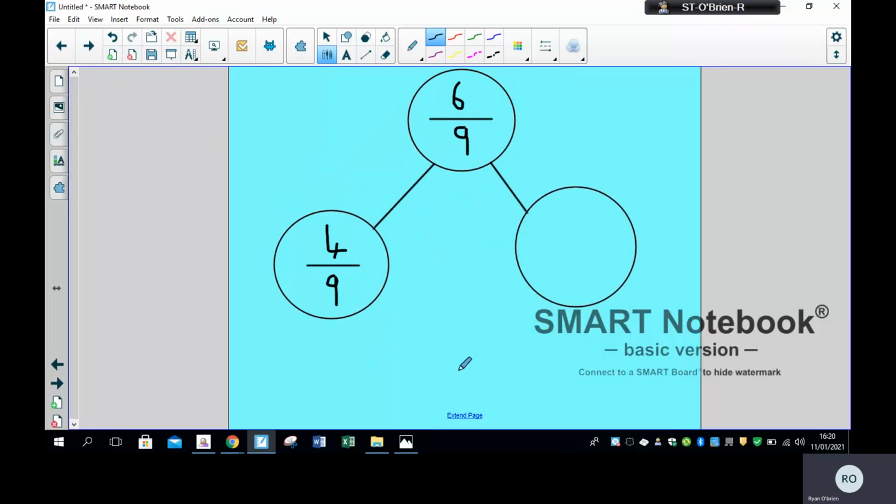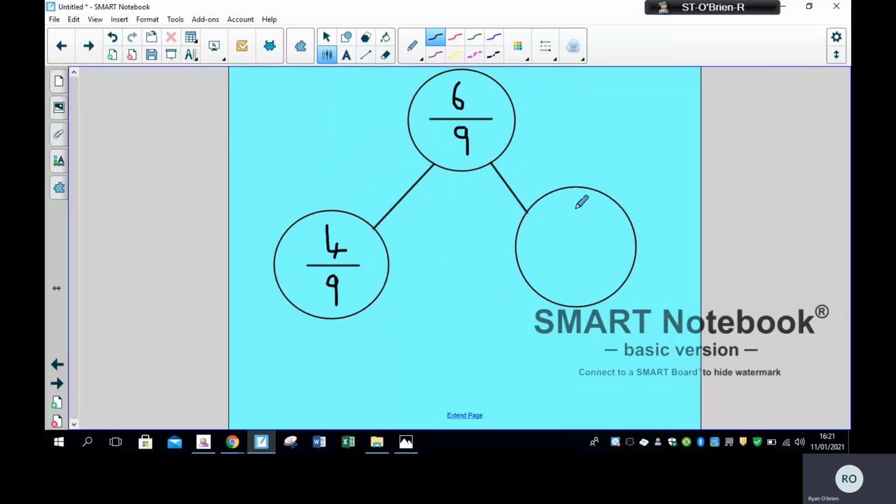Then your second task is you're going to get a fraction like this, a whole part diagram. Your whole here is not 1 whole, you've got 6/9 here, 6 out of 9. You've got 4/9 here. Now you're not adding these together. You're trying to make the whole, which is 6/9. We've got 4/9 here. 4 add what equals 6?